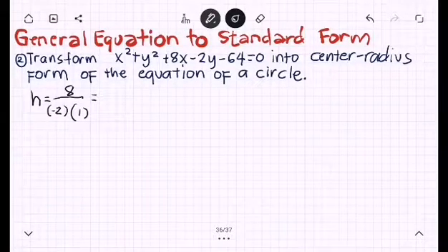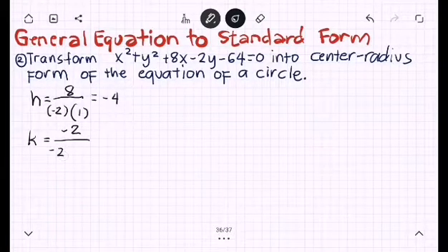So, simplify ko lang, so the answer here is negative 4. So, yung k, coefficient ng y, so that is negative 2 over negative 2 times coefficient ng y square, which is also 1. So, negative 2 divided by negative 2, this is positive 1.